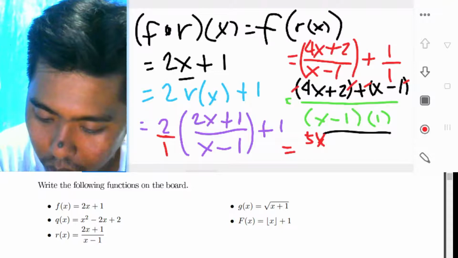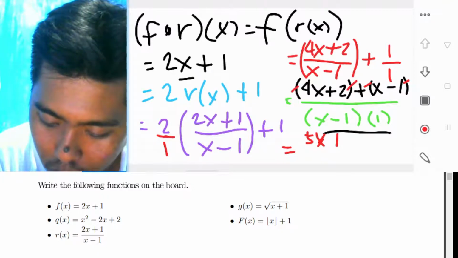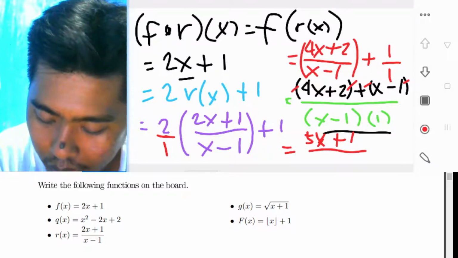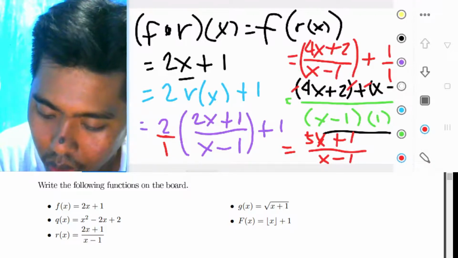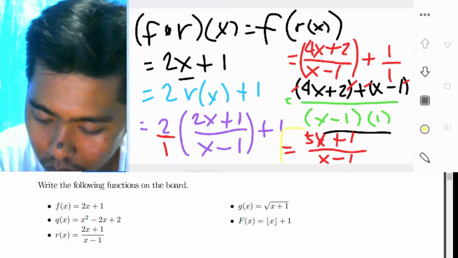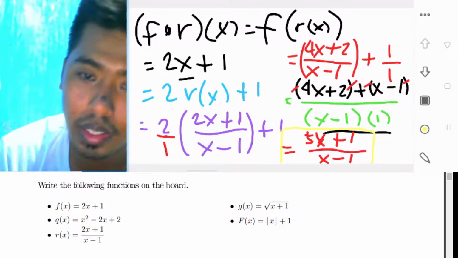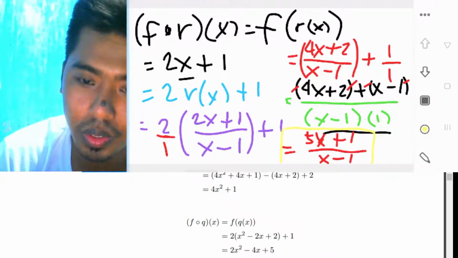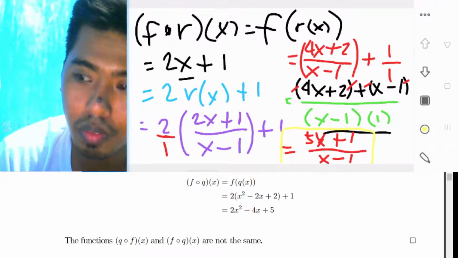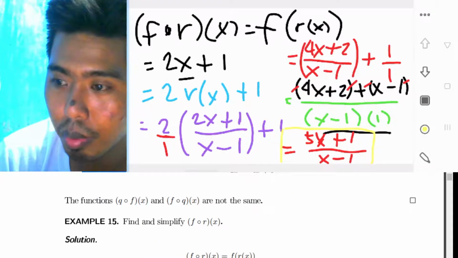And 2 plus 1, that would become, 2 minus 1 would become plus 1. Next, just x minus 1. So that would be your final answer. Okay? So your final answer would be 5x plus 1 all over x minus 1 for the problem example number 15.